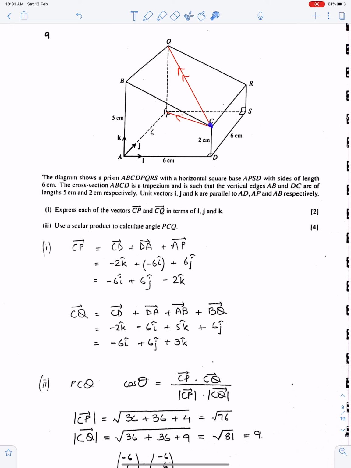So the answer will be CP plus PQ. This is CP and this is PQ. So you just need to add 5K here. You'll get the same thing. This student used a different way. She used CD plus DA plus AP plus PQ, which is same. We already have CP, so we can use CP plus PQ. This thing is basically CP.